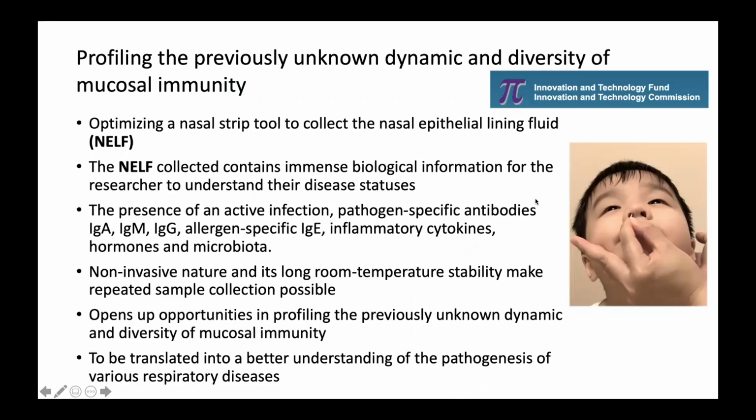This is a very short, kind, and soft paper material that can be inserted into children's nostrils, and it's optimized for different uses, including virus detection, antibody detection, inflammatory cytokine, and hormone detection. We also preliminarily tested that it can have enough biomass for microbiota testing as well.